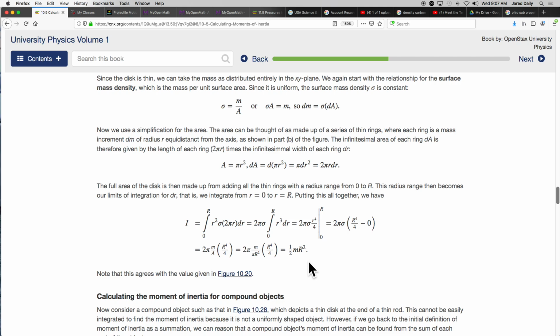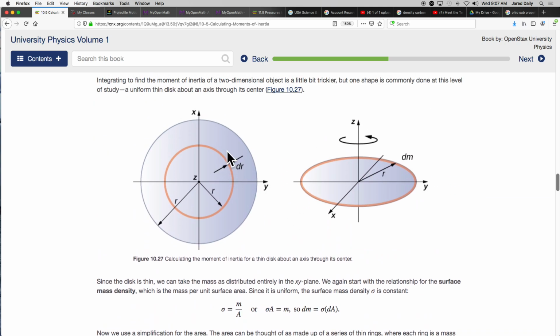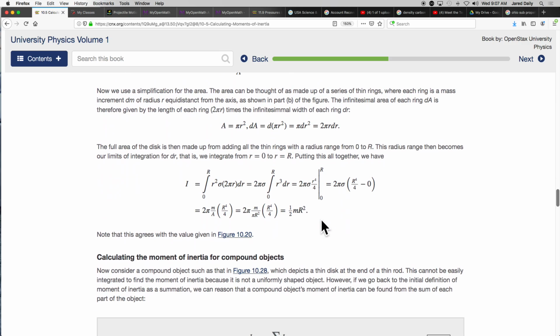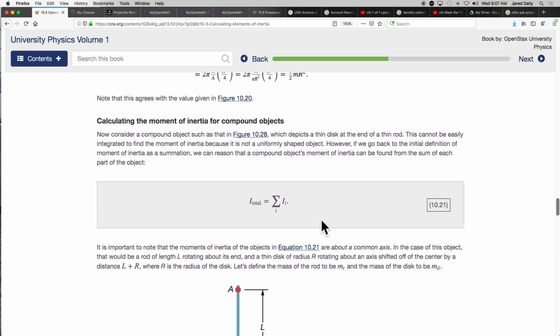This is how they calculated all the ones in the previous section: they chose different integration variables and were able to set up an integral to do a moment of inertia calculation. In the end, that gives you all these different formulas that we had in the previous section.